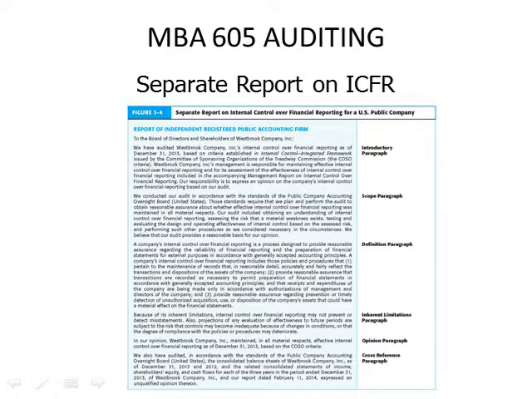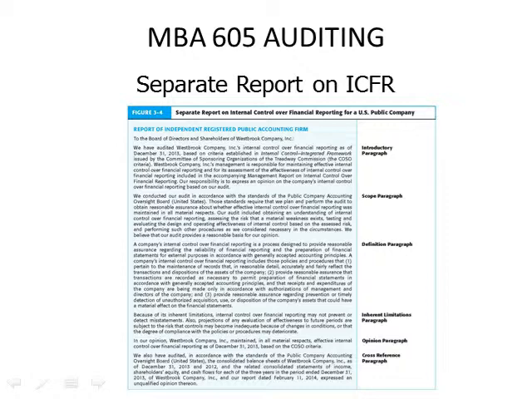This is an example of a separate report on internal controls around financial reporting. And we can see we have an introductory paragraph that talks about the organization whose internal controls over financial reporting were audited. We talk about the standards that were applied to guide the audit, and those are generally the Treadway Commission standards.